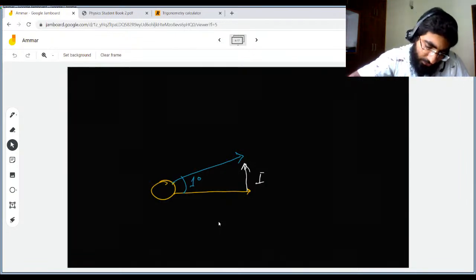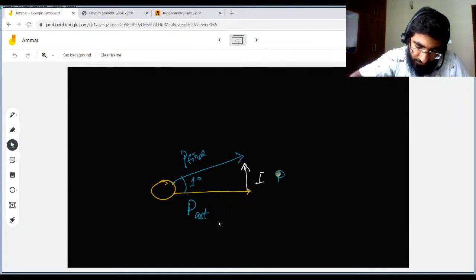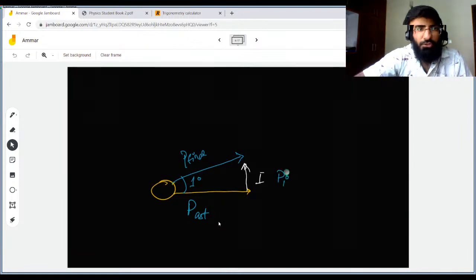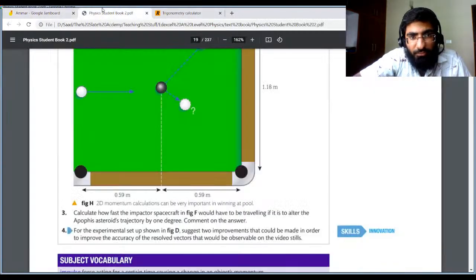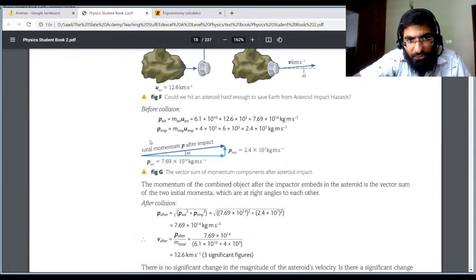Okay, so this will be the final momentum, P final. This is P asteroid, and this is P impactor. The asteroid is already moving with a velocity. How much?